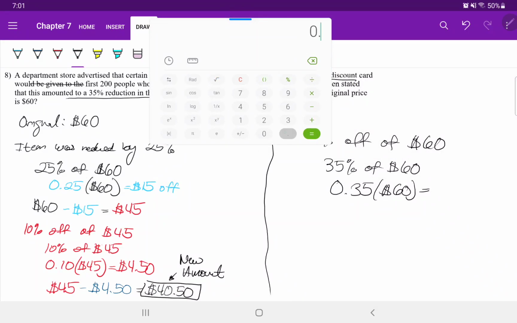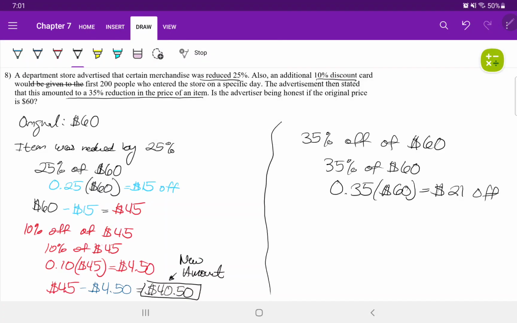So 0.35 times 60 equals $21 off. Now to apply the reduction, that is going to be $60 minus $21, and that's going to equal $39.